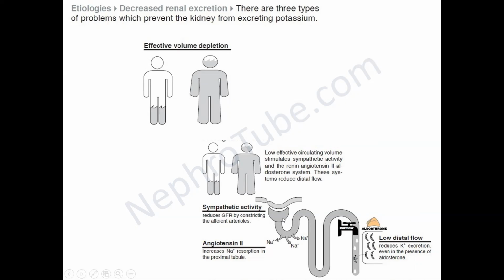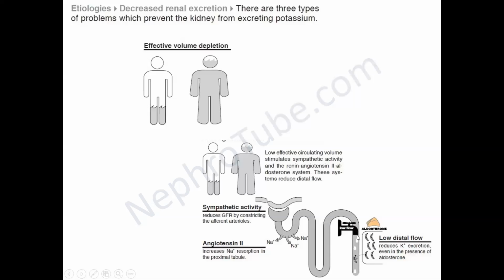Also, in cases of effective volume depletion, the angiotensin system will be acting, causing salt and water reabsorption. This will decrease the urine flow in the tubules. And if you go back to the basics of physiology, the secretion of potassium into the tubules is dependent on the water flow in the tubules.